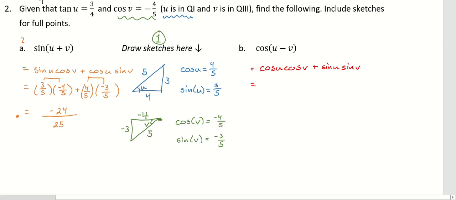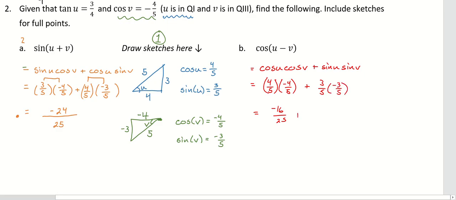Once we have these pictures from the appropriate quadrants, this is just a plug and chug. So the cosine of U is 4/5 times the cosine of V, which is negative 4/5. Maybe this time I'll take it a little bit differently and work this part first. That's negative 16/25. Plus, now we work this part. Sine of U is 3/5, and sine of V was negative 3/5.